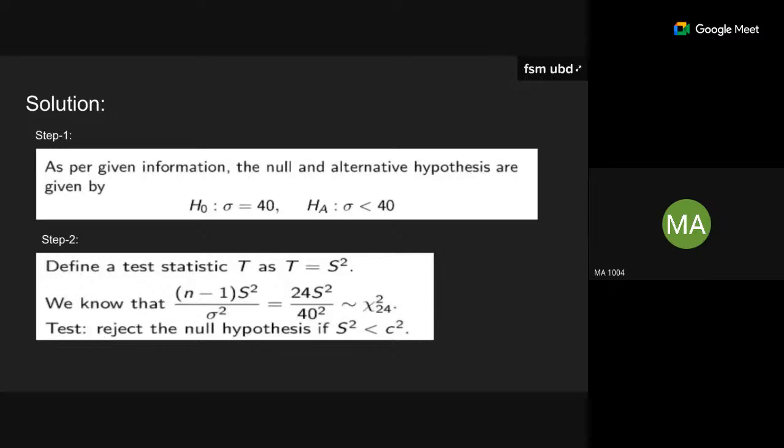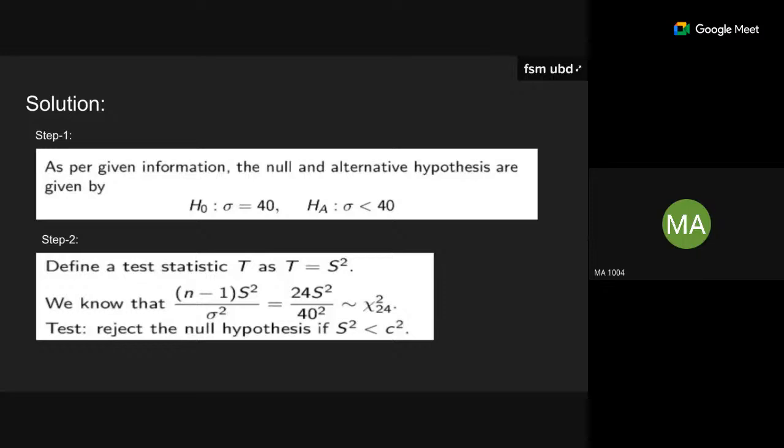So I know that n minus 1 times S square divided by sigma square will follow the chi-square distribution, chi-square n minus 1. This n comes from the number of samples I have taken. From the question you can see that we have taken 25 samples, so n minus 1 will be 24, and sigma is also known to us.